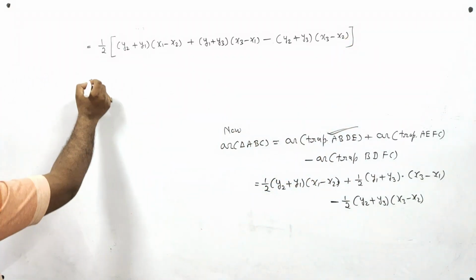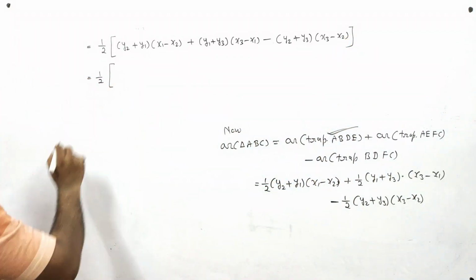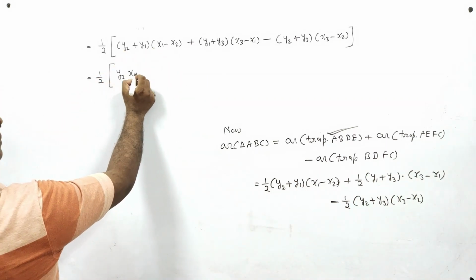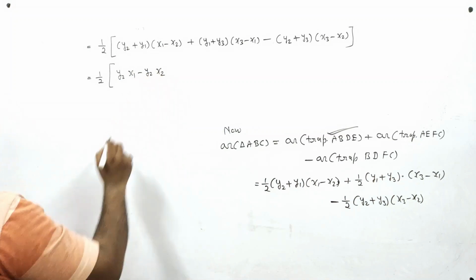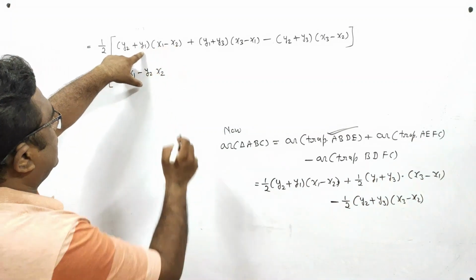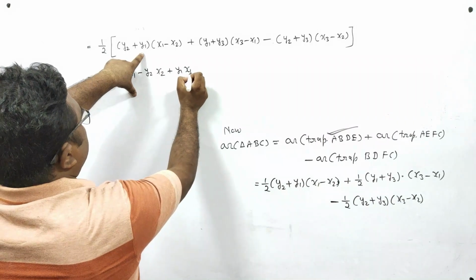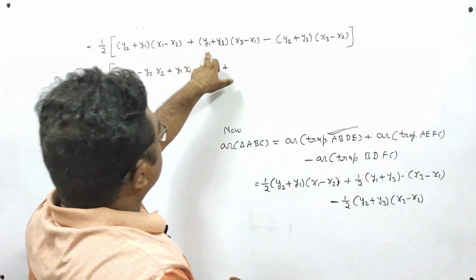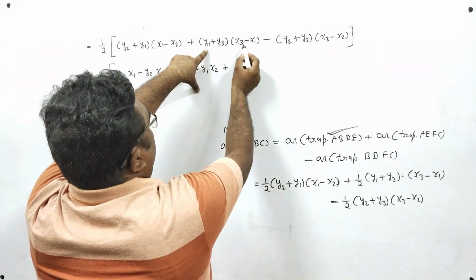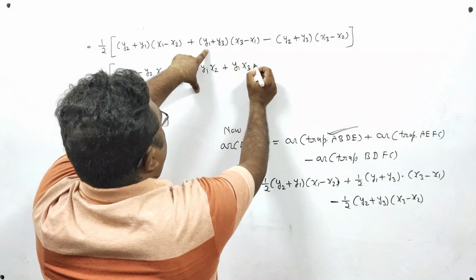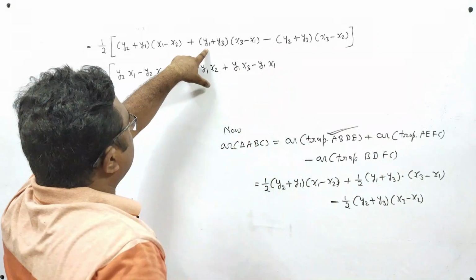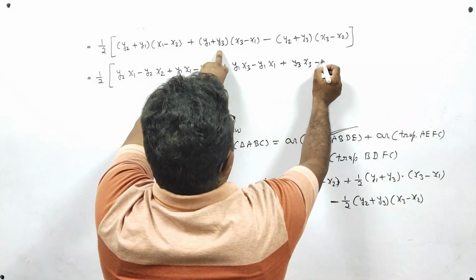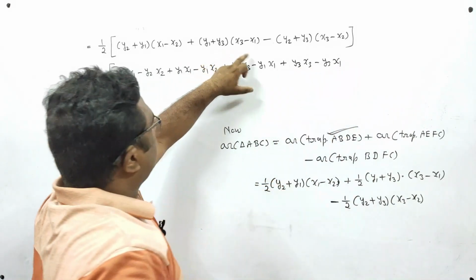Now let us simplify it. Half, square bracket, multiply y2 with them: y2 x1 minus y2 x2. Multiply y1 with them: so plus y1 x1 minus y1 x2. In the same way, multiply these: y1 x3 minus y1 x1, multiply this with this: y3 x3 minus y3 x1.